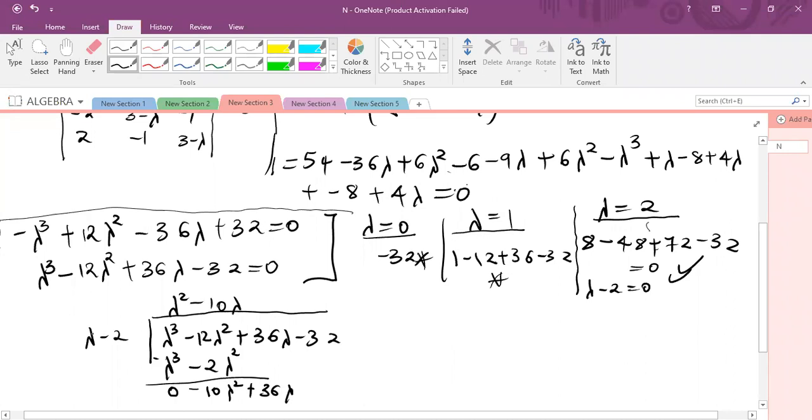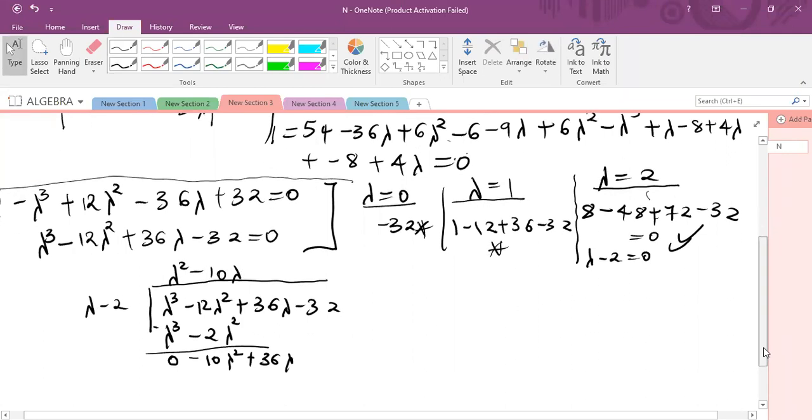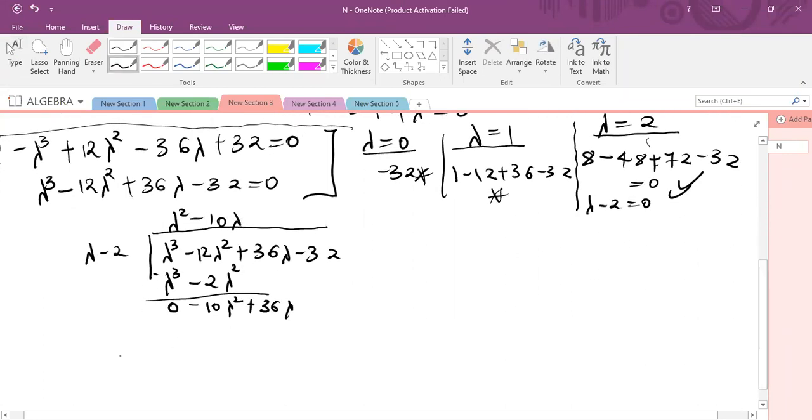If you multiply with this, it will give you minus 10 lambda squared. So here we'll have minus 10 lambda squared, and then multiplying it with this other one, this and this will be plus 20 lambda. So what does this give?